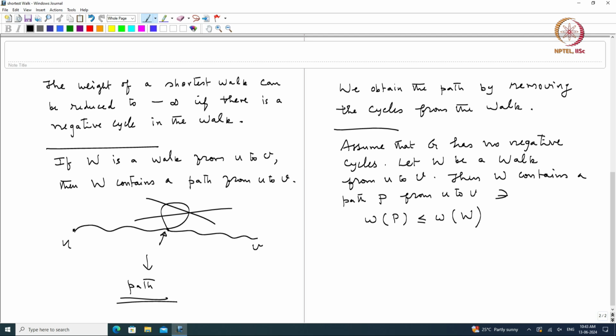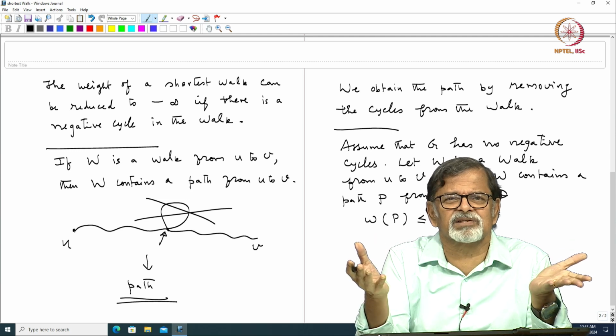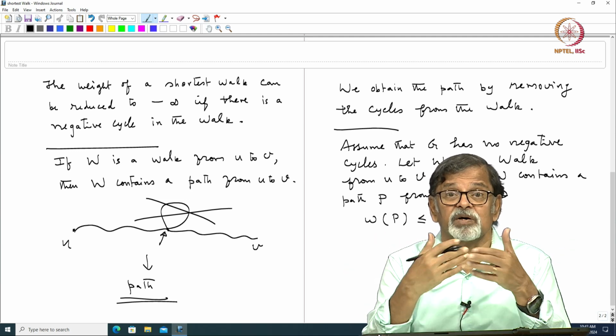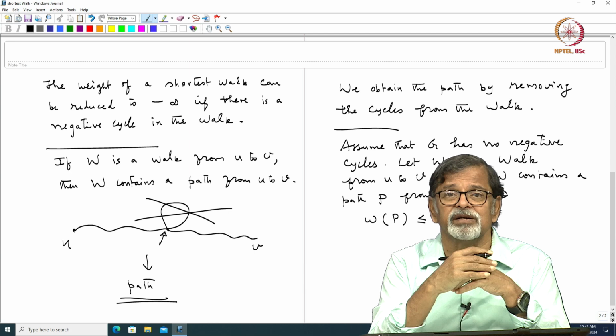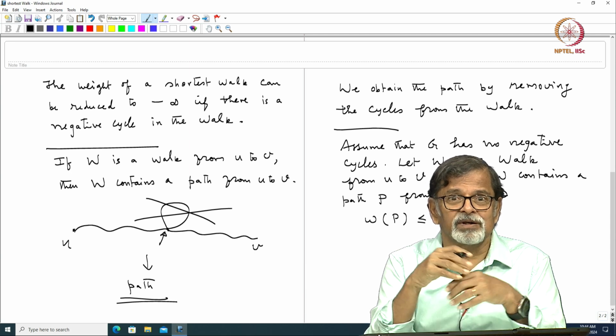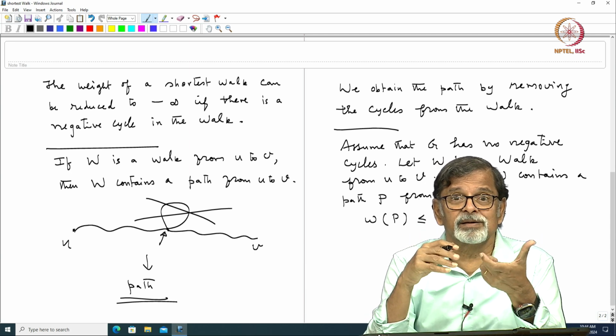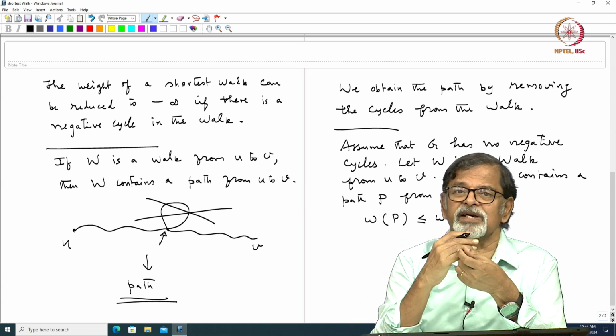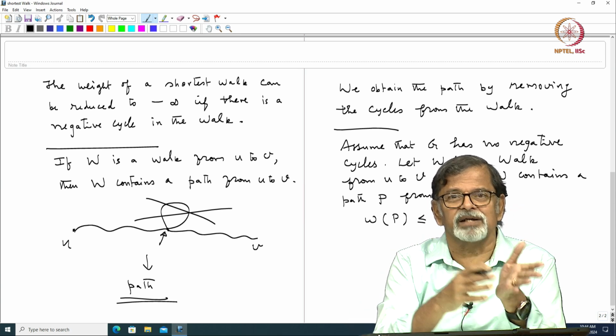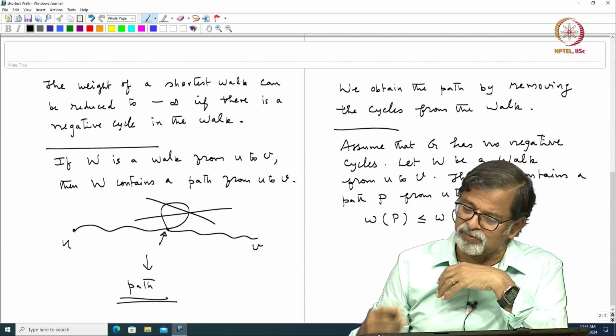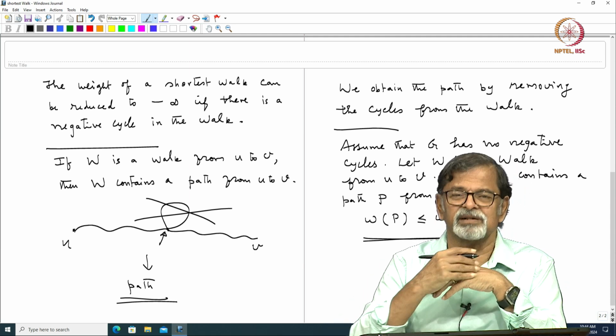Why this is so? It is simple. The graph has got no negative cycles. So, all the cycles that you remove are either 0 cycles or positive cycles. Removing 0 cycle does not change the weight. Removing positive cycle reduces the weight. Therefore, the path P you have got by the removal of the cycles will have either equal weight or a smaller weight, and that is what is stated here.